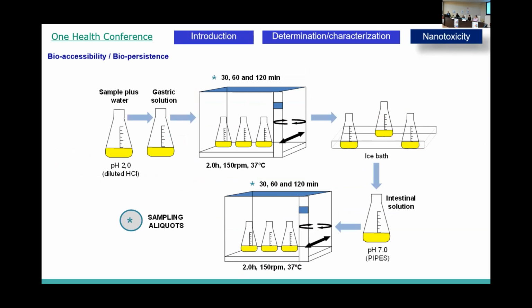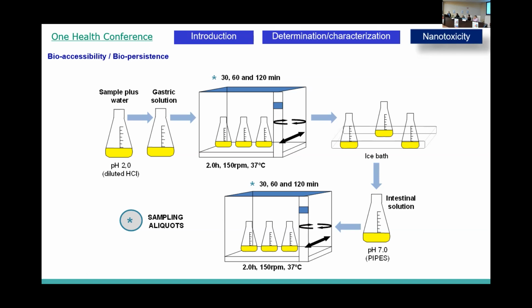I show you here the in vitro digestion procedure that we have used. More or less there are two parts. The first part is the gastric digestion, in which we mix the nanoparticles of the food with a gastric solution containing pepsin. Then we use intestinal digestion, which consists of changing the pH of the solution and using pancreatin and bile salts.